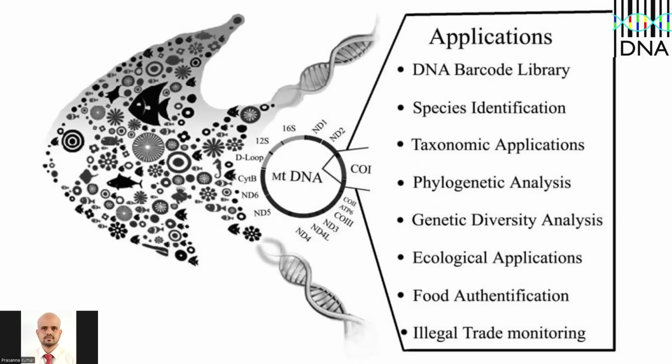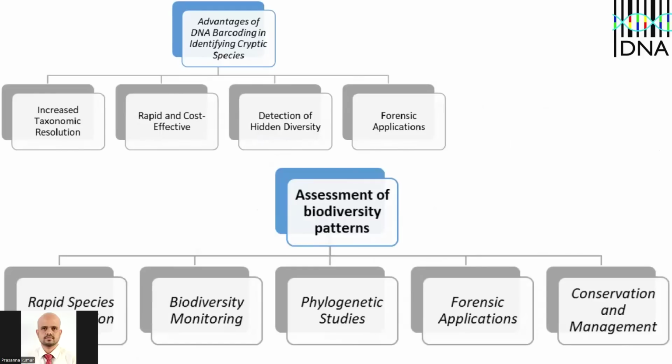The wildlife authority did not have any tools to identify what species it was until now. Now even a fragment of tissue, 10 milligrams, is sufficient to extract the DNA and know what species it is. So barcodings are used in illegal trade monitoring.